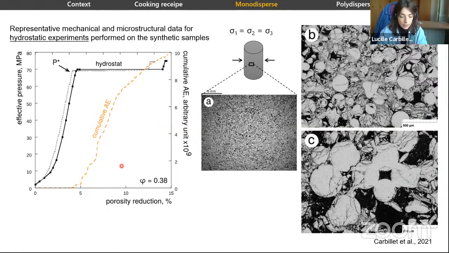For the next couple of slides, keep in mind that I'm only talking about samples that have a monodispersed grain size distribution. So I'll usually be referring to a mean grain diameter, and keep in mind that all grains in the rock basically have this diameter. So here you see representative data for hydrostatic experiments.